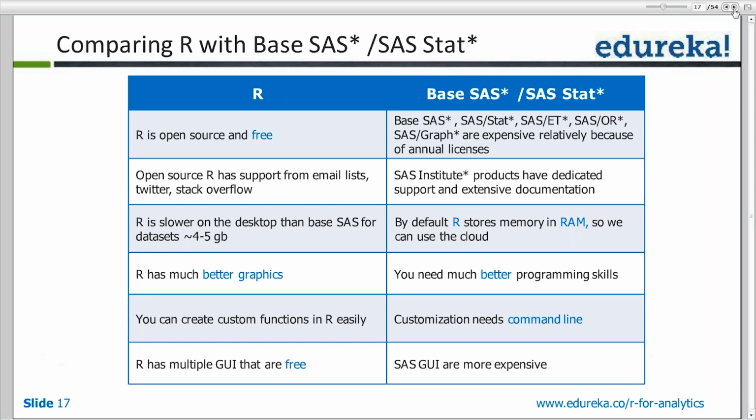So in a way, the available memory on your system will act as a constraint on the size of the data set that you can process. But this kind of limitation doesn't exist in SAS because it works off secondary memory, which is a disk-based memory. So you don't have such solid-state devices in place.